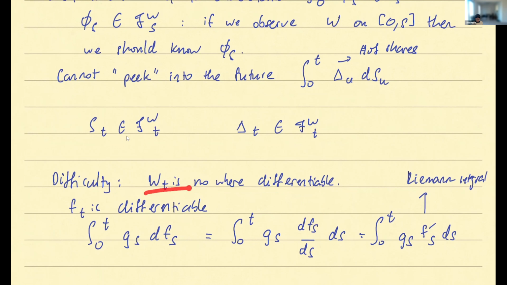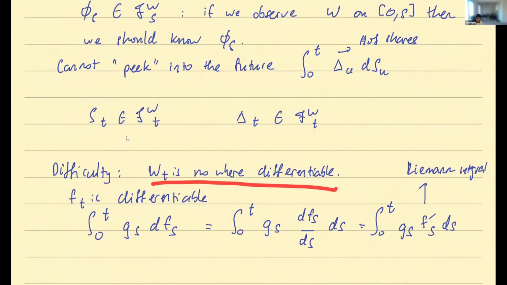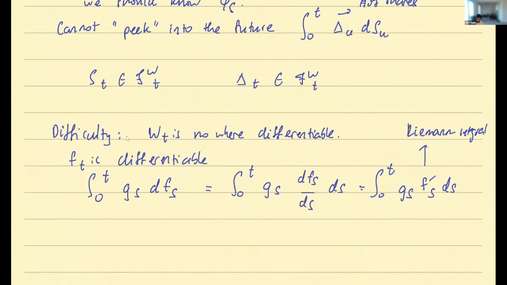And I was also trying to show you how intuitively you can see that the Brownian motion is nowhere differentiable. So I guess, evidence that W_t is nowhere differentiable.